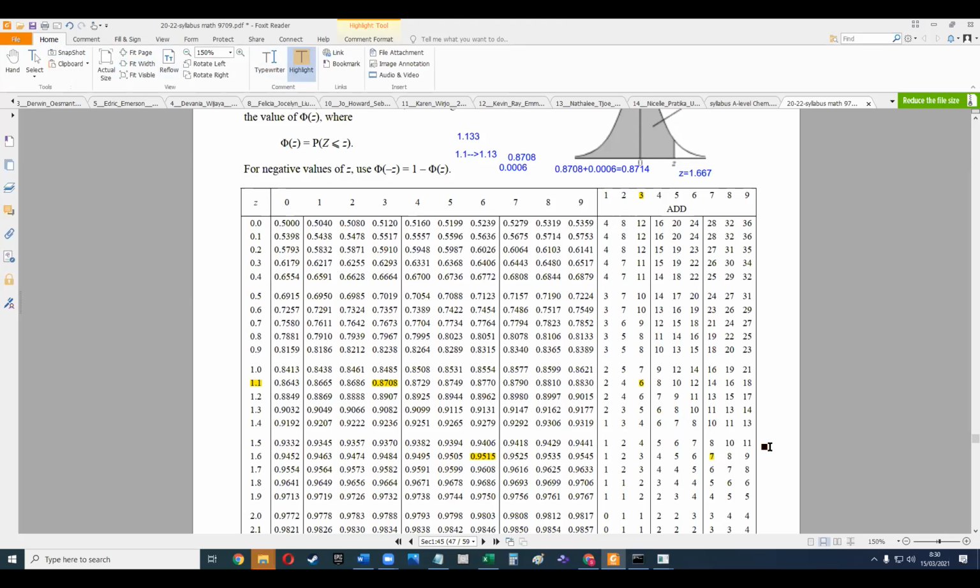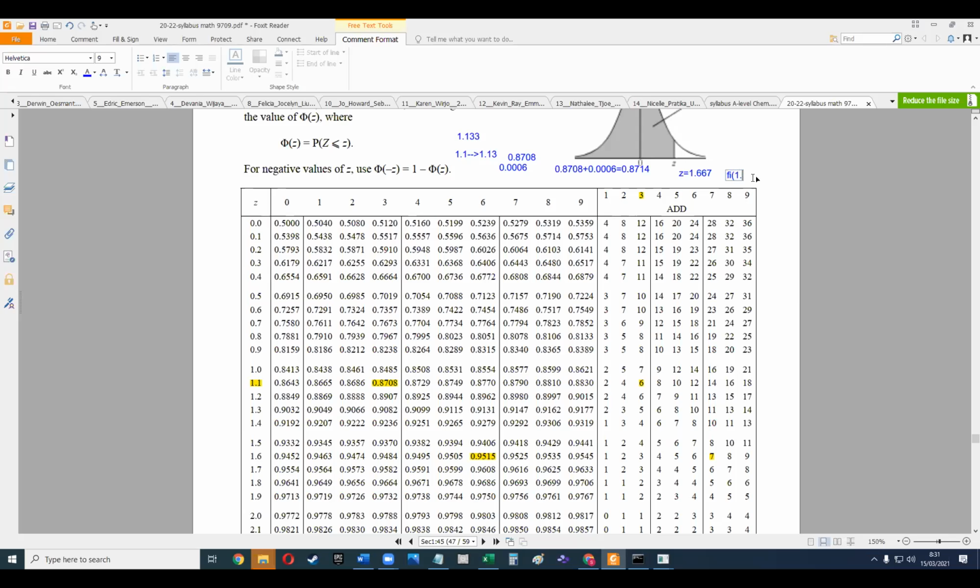Okay, it's at 7. So the total is 0.9522. So phi of 1.667 is 0.9522. Correct.